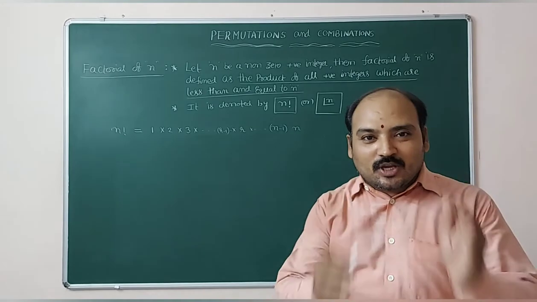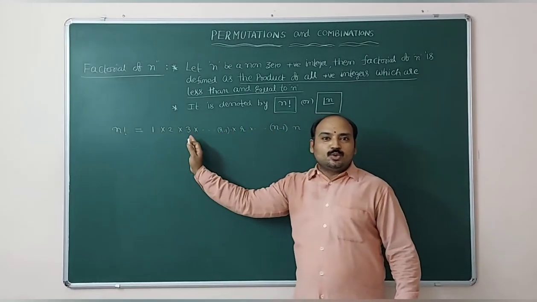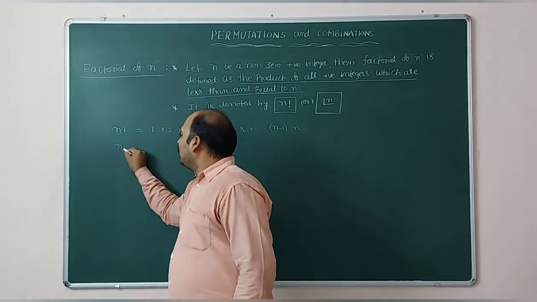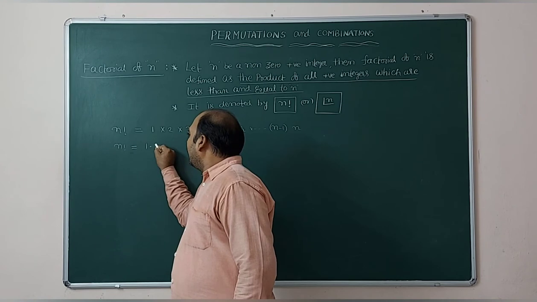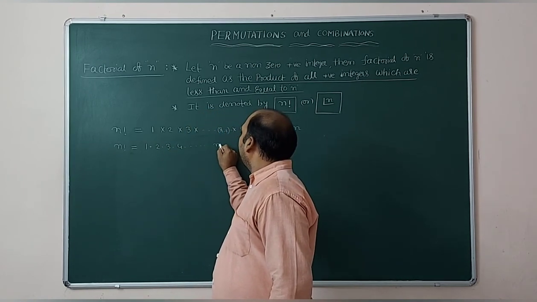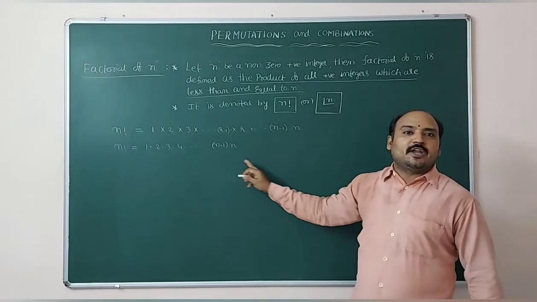So n factorial means the product of first n terms. n factorial is equal to 1 into 2 into 3 into 4 into and so on, n minus 1, into n. The product of first n terms.